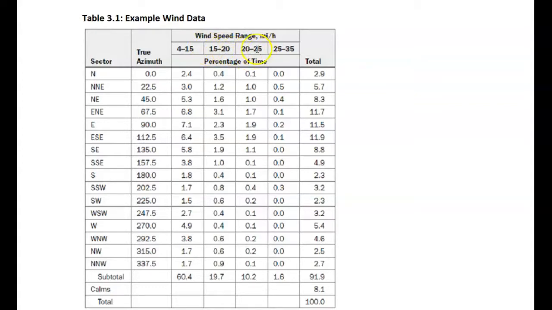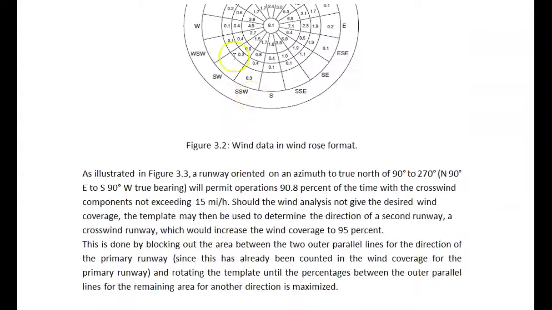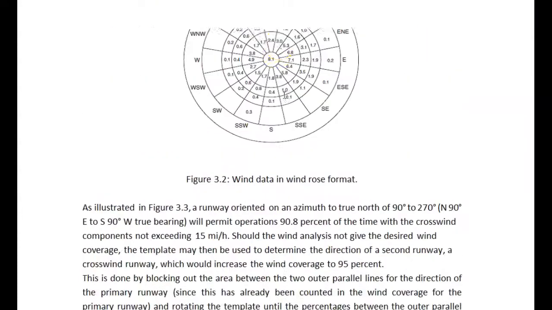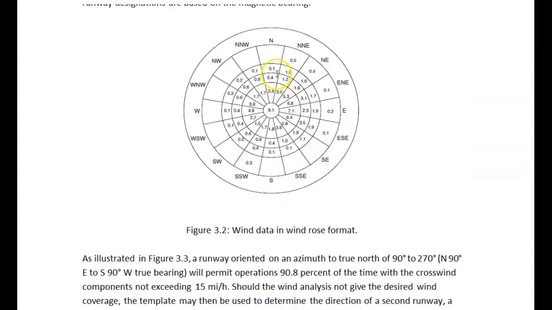For 20 to 25, the difference is 5. For 25 to 30, the difference is 10. So that is why you are able to plot. You use your compass to draw the circles. As we draw the circles, you see that this first one is 4 to 15, and the second one is 15 to 20, 20 to 25, and 25 to 35. That's why this one is larger.